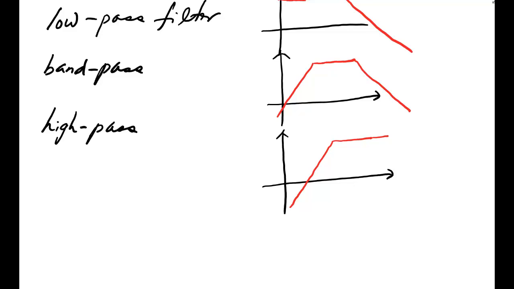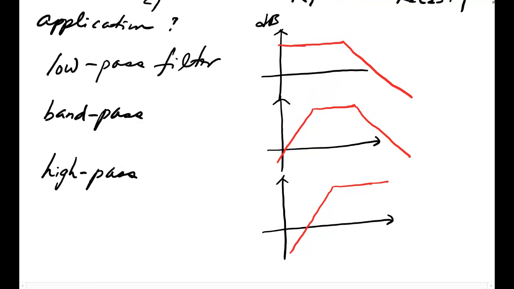So by saying so, for a low pass filter, in this part right here I don't have attenuation, but when the frequency goes higher, we attenuate the frequency. For a band pass filter, we attenuate both the low frequency component and the high frequency component.